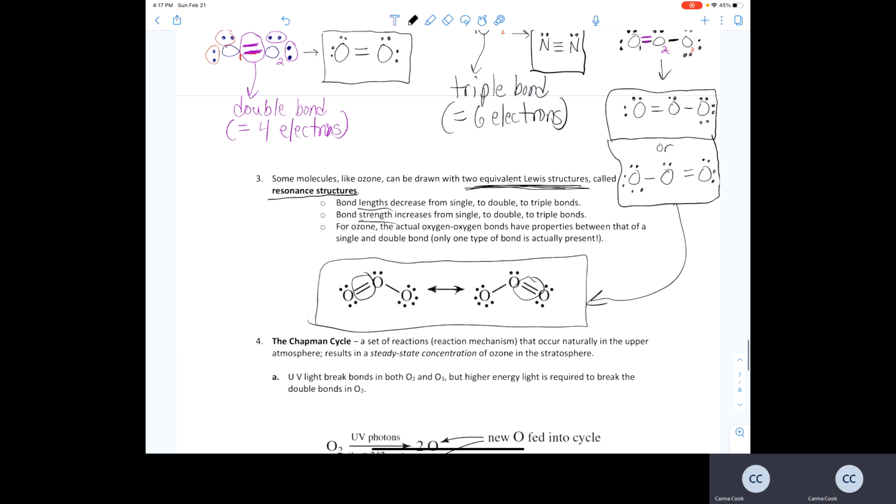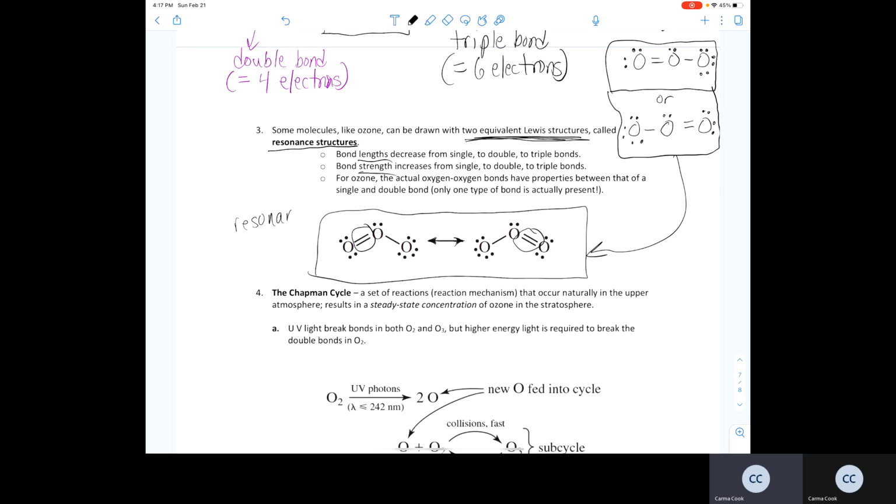And so because ozone has these resonant structures, because this double bond at any time can either be on the right or on the left at any given moment in time, it's said that the double bond and the single bond that make up the ozone molecule, both of these bonds, the double and the single, have properties that are between that of a single and a double bond.